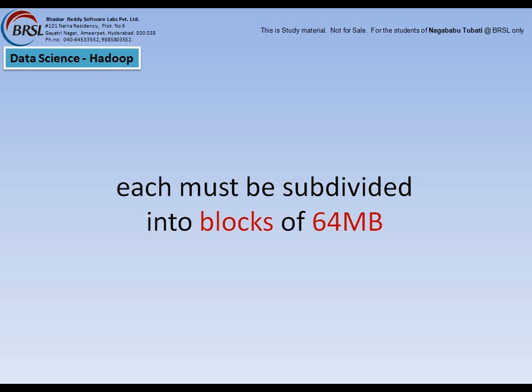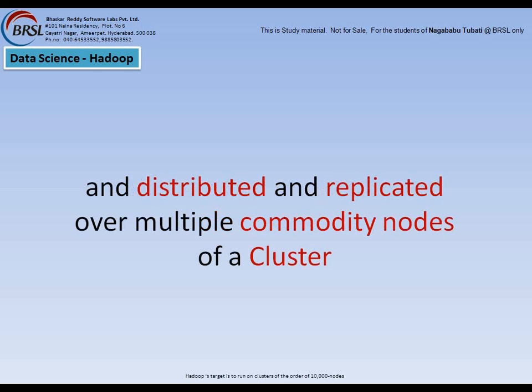Large files are divided into several parts. Each part is having 64 megabytes. It is analogous to small containers that we are using for easy distribution of the apples. And these smaller files are distributed and replicated over multiple commodity nodes of a cluster. It is analogous to the distribution of apples to several plants across the country.